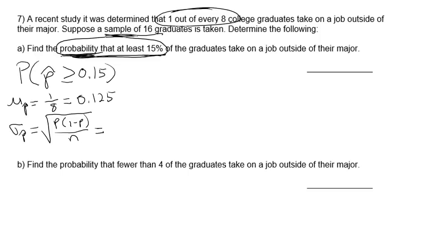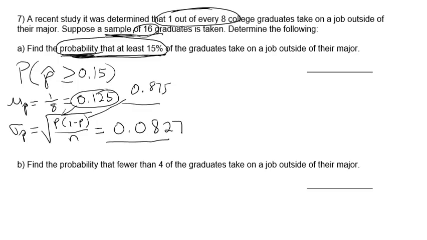Substituting everything in, you can do that. 0.125 for p, so right here is going to be 0.875, right? N is equal to 16. So you get 0.0827. We have our mean, we have our standard deviation.